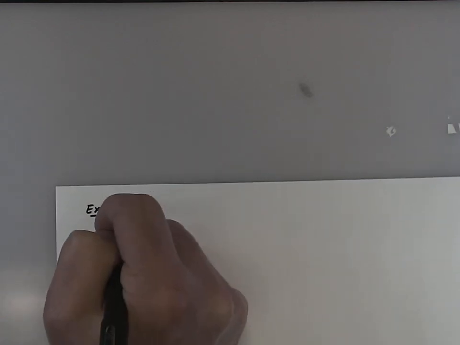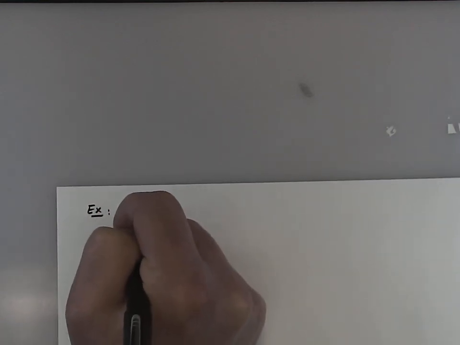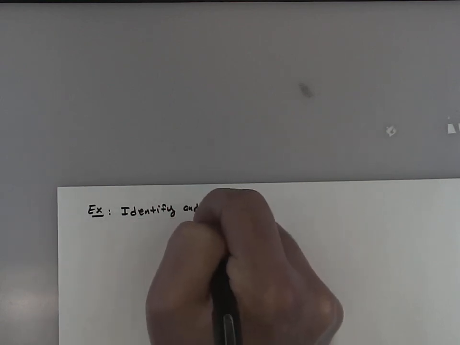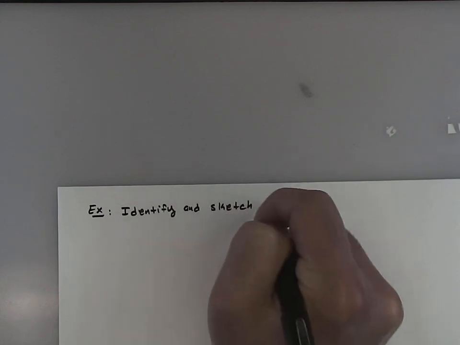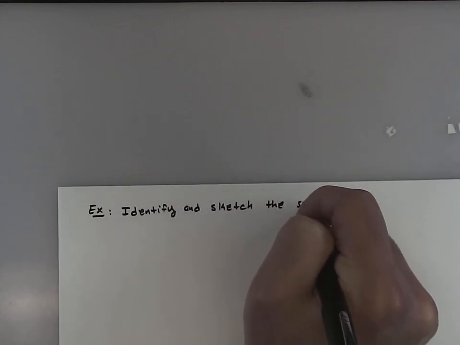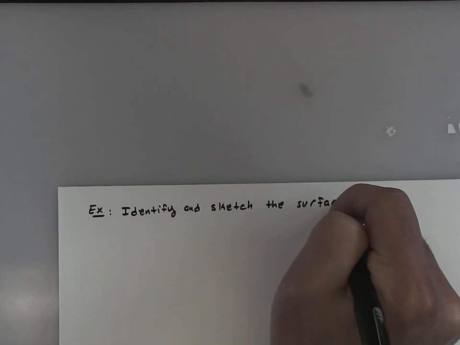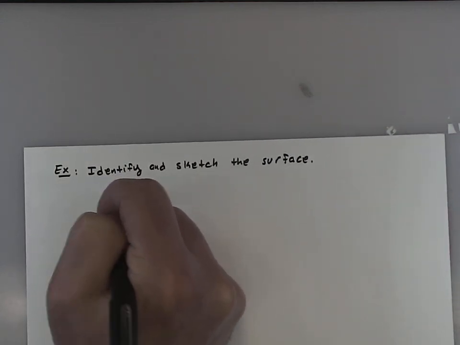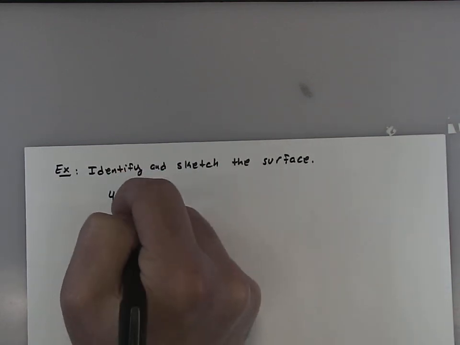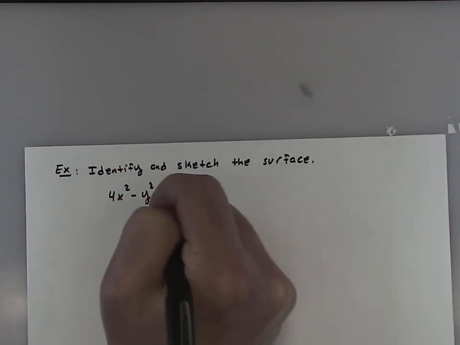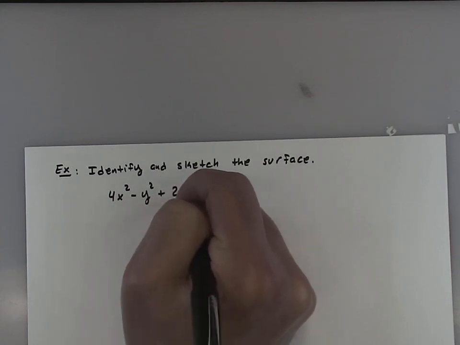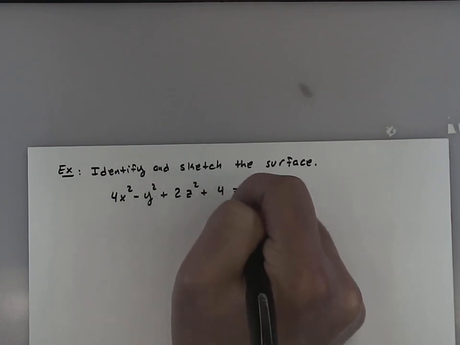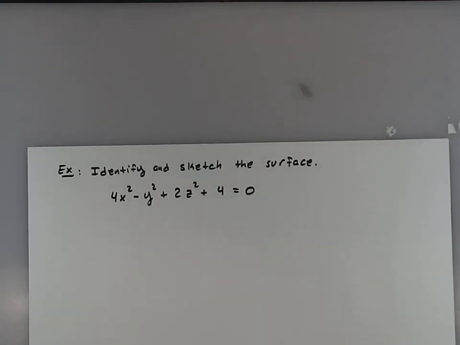Okay, identify and sketch the surface. Four x squared minus y squared plus 2z squared plus 4 is equal to 0.